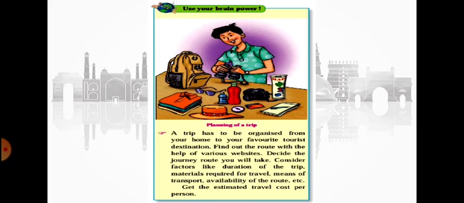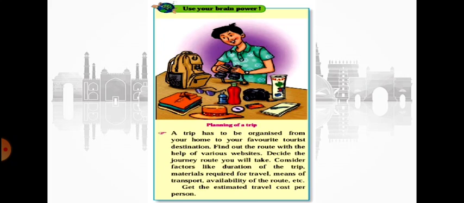Step 1. Figure out your travel budget. Step 2. Decide on your travel style and the people with whom you wish to travel, whether it is a travel solo plan or travel with a group of friends or travel with family and relatives, etc.